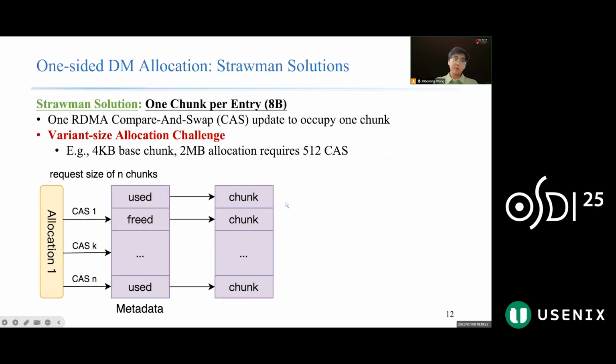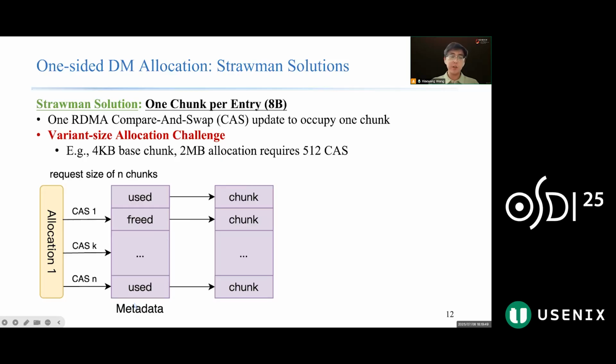And second, to avoid bottlenecks in memory node CPUs, FineMem uses one-sided RDMA for remote allocations. However, this approach needs carefully designed metadata to minimize network overhead, especially compared to swap-update-based allocation.